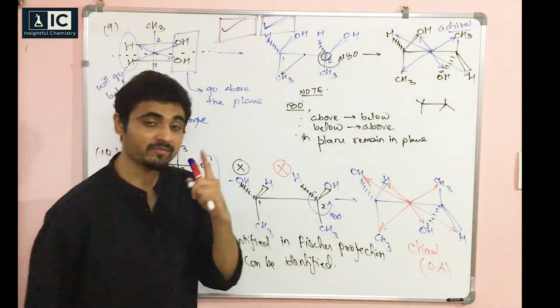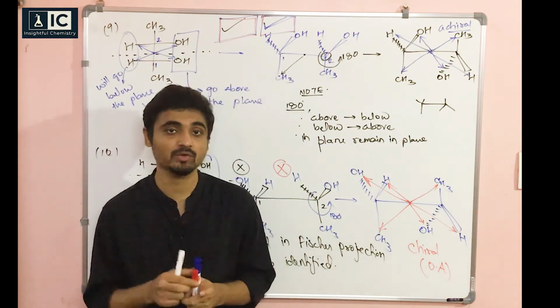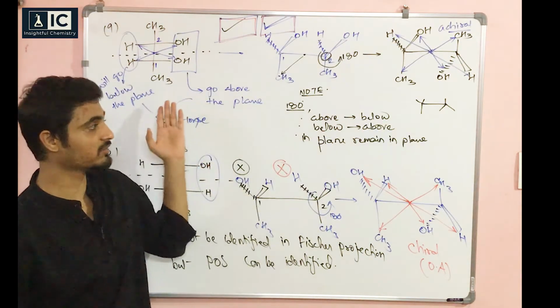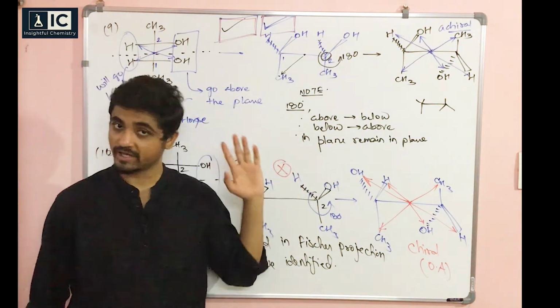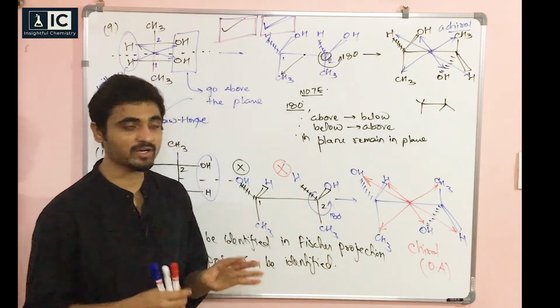Just remember, whenever you get a Fischer projection, to find POS you can do it directly, but for COS you will have to convert into sawhorse. This is the method for conversion and this is the method for rotation. Use your imagination and you will be good to go. Clear? Let's move to another set of examples.